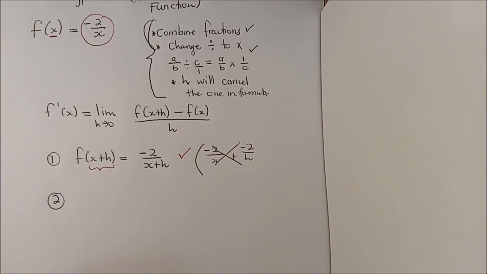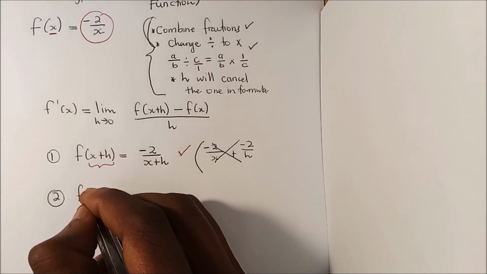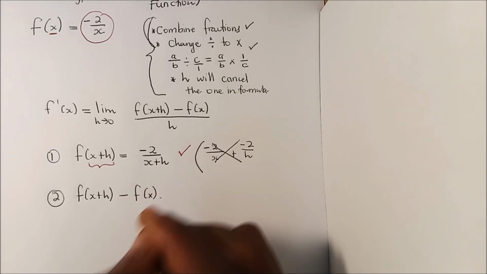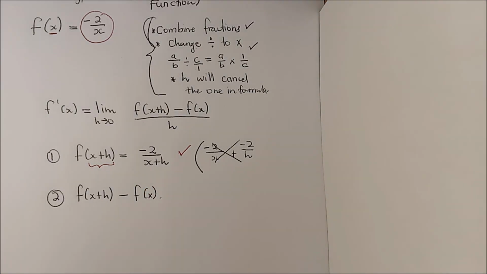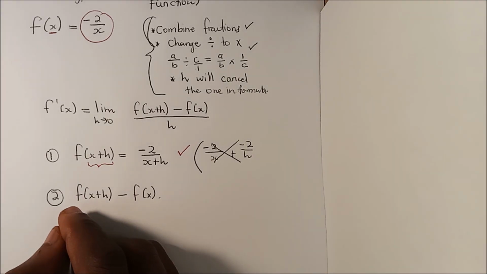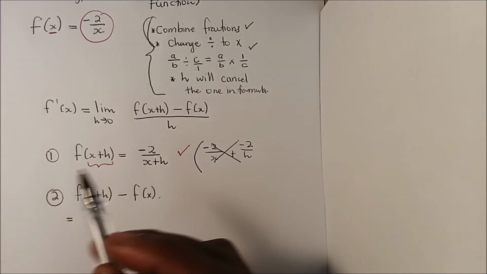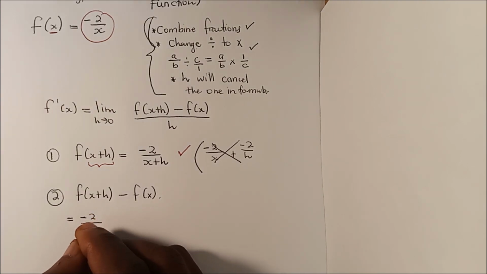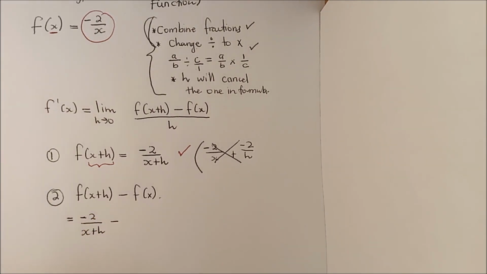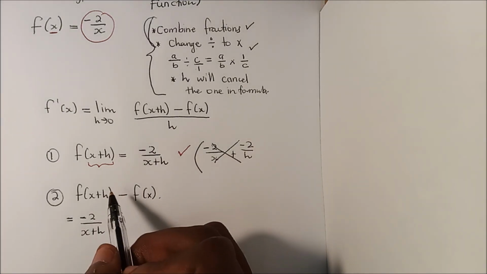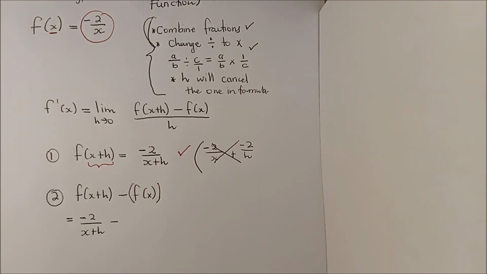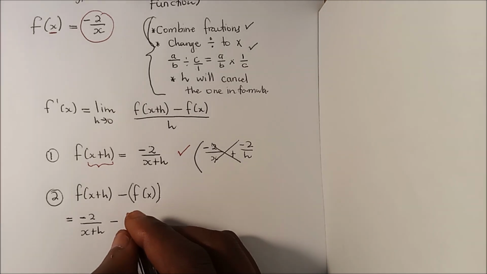So in step number 2, we're finding f of x plus h minus f of x. So now, what is f of x plus h minus f of x? We just take what we found in step 1, which is f of x plus h. So we have negative 2 over x plus h minus, don't forget the bracket. Remember, after this minus here, you need the bracket so that you can deal with the signs. So we'll put the bracket here.